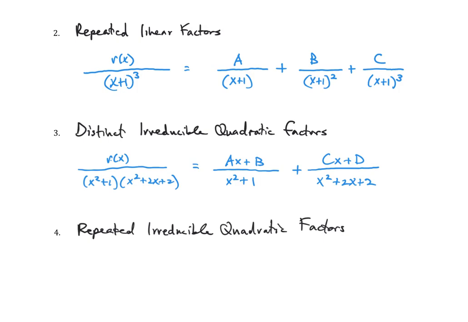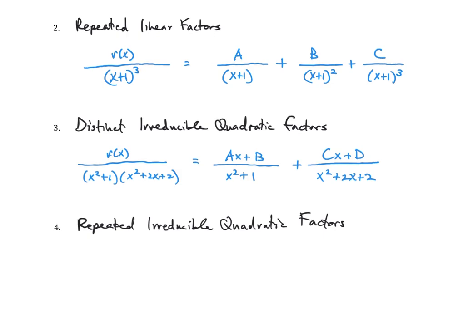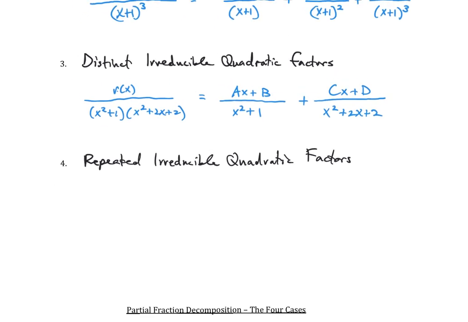Well, let's take a look at an example together. Let's say we have something like the numerator r of x, and the denominator is going to be something like x squared plus 1 to the 3rd power.